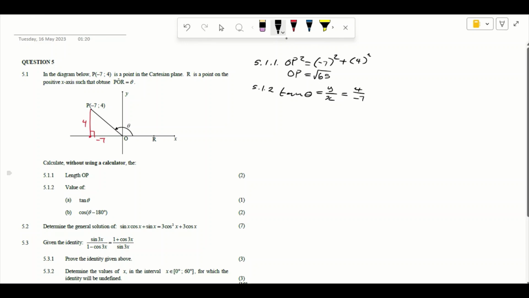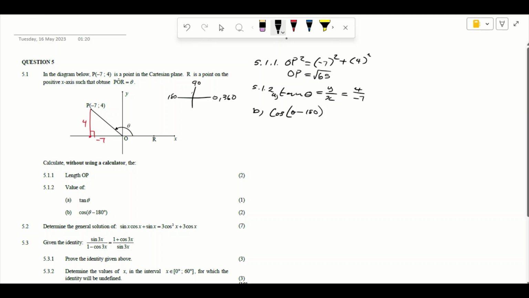And then the next thing we are asked to find, this is A. The next thing we are asked to find, which is B, is cos of (theta minus 180). Usually what we are exposed to is a reduction table, with 0 and 360 here, 90 here, 180 here.